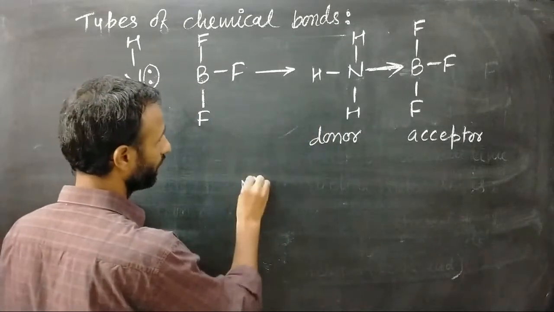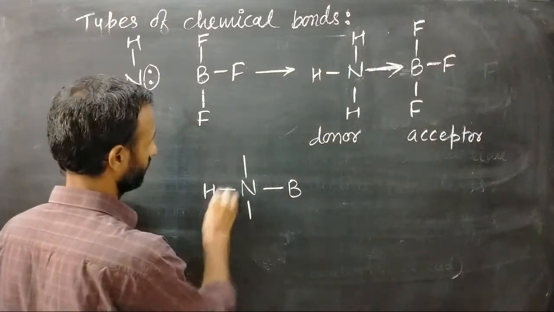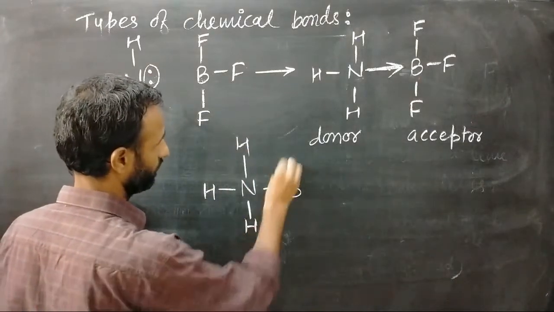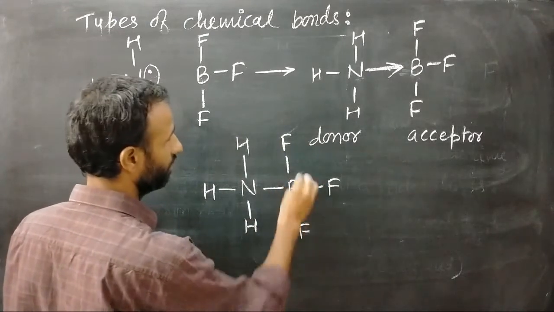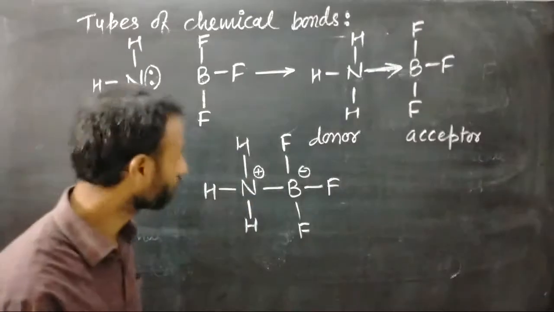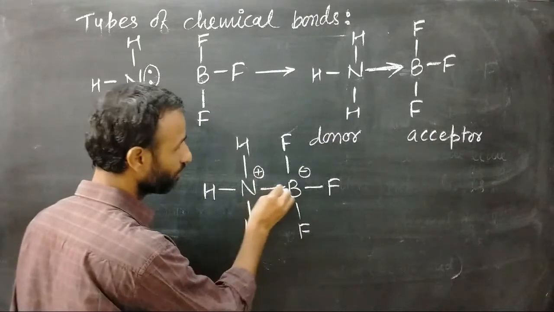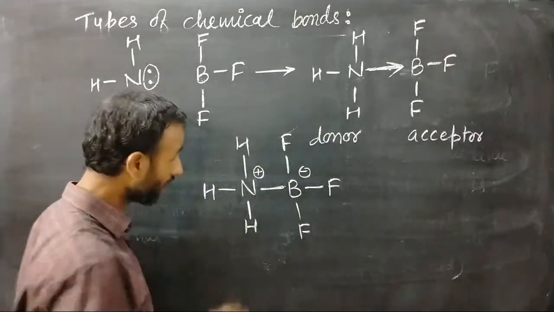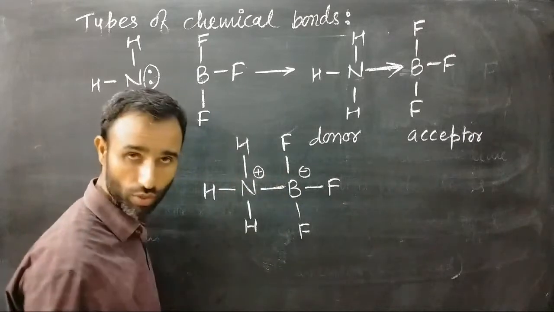Because if we write it like this, then boron gets negative and nitrogen gets positive charge. So there is a covalent bond when one electron is shifted from nitrogen to boron.